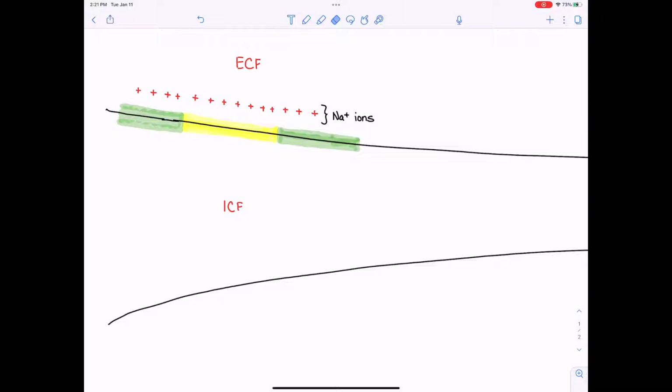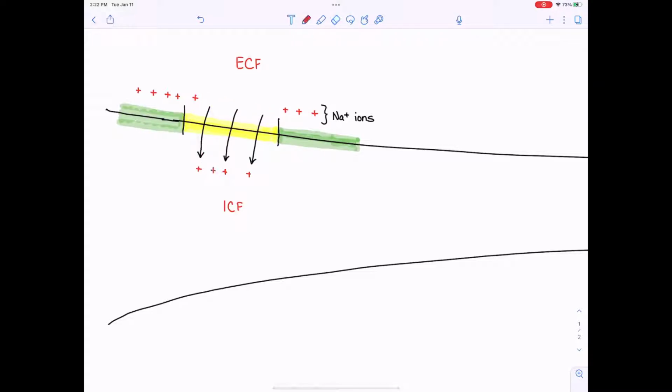In this drawing, I've blown up a section of the axon, and I have sodium ions in red outside of the cell. I'm going to take the yellow swath of plasma membrane and assume that I'm going to have an action potential happen in that yellow swath, not the green section, just the yellow section. We know that the first step of an action potential is that voltage-sensitive sodium gates open, allowing a mass influx of sodium into the cell.